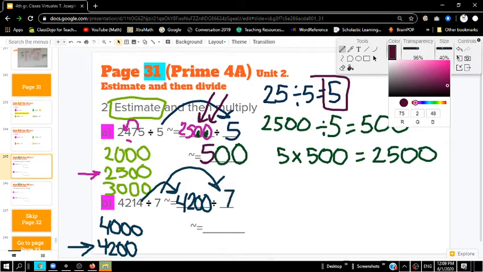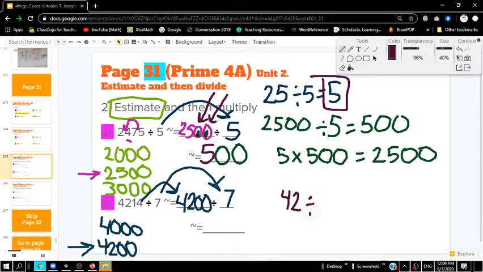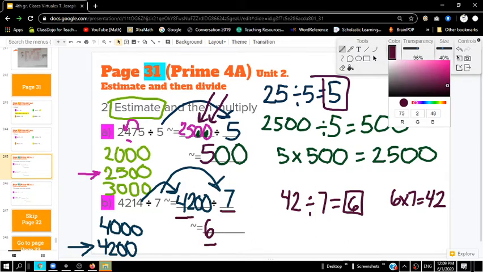I have a question for you. 42 divided by 7 equals what? Well, if I know that 6 times 7 equals 42, I know that 42 divided by 7 equals 6, which means that I can put 6 in my answer blank because that's my base number. But how many zeros do I have in my problem?